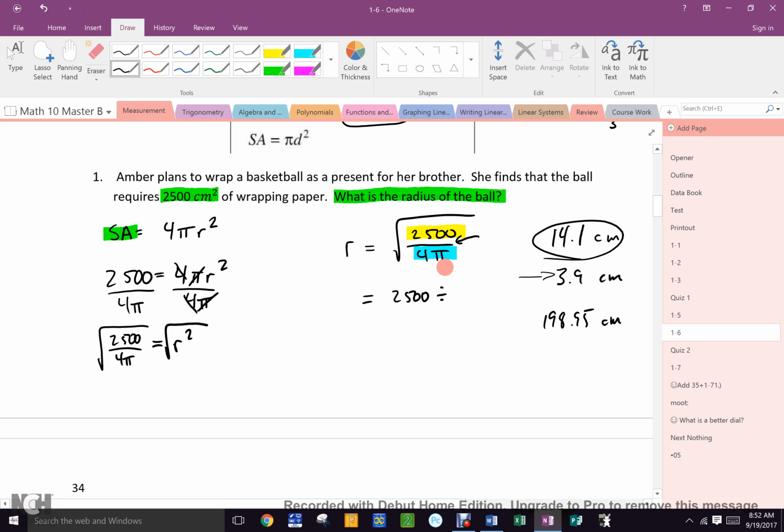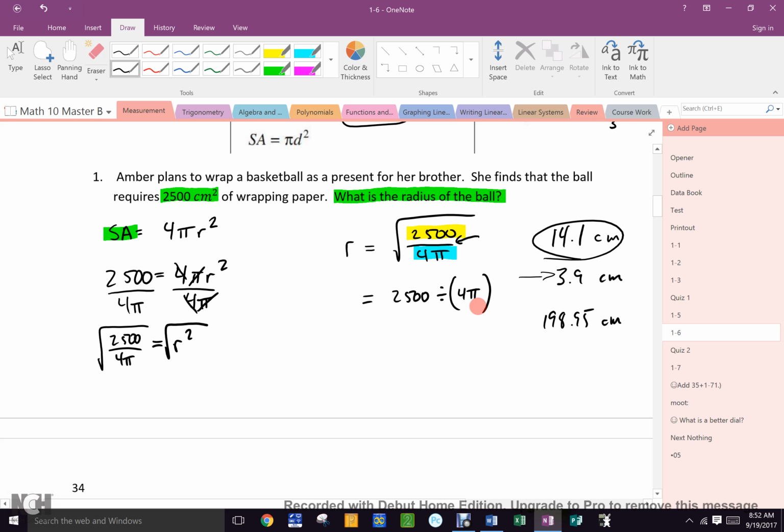Or is it divided by 4 pi? 4 pi. Does your calculator know that you want this to be grouped? No, it doesn't. So what do you have to do to your calculator so your calculator knows that you need it to do 4 times pi there? Jordan, brackets. You gotta use brackets.